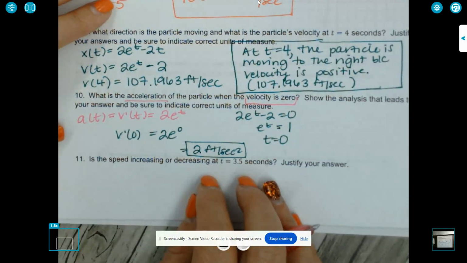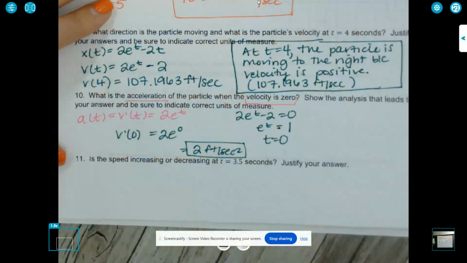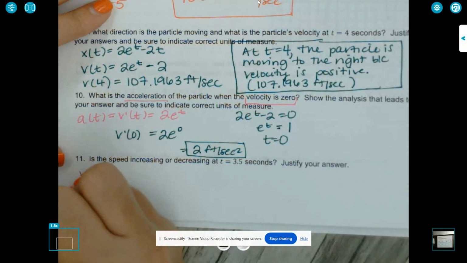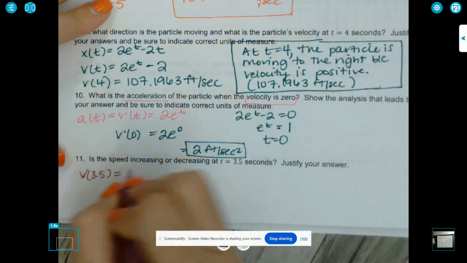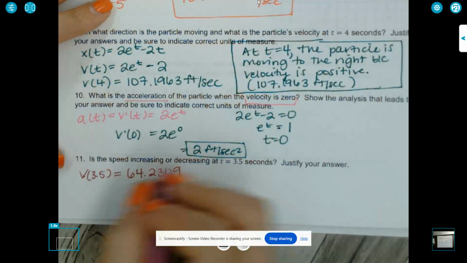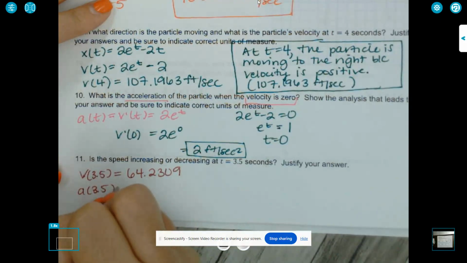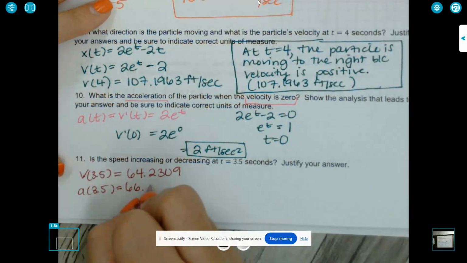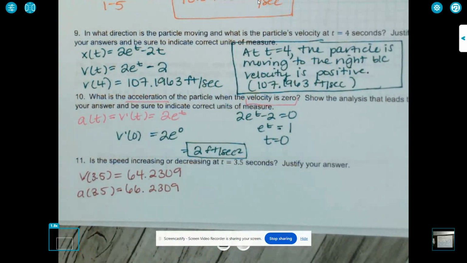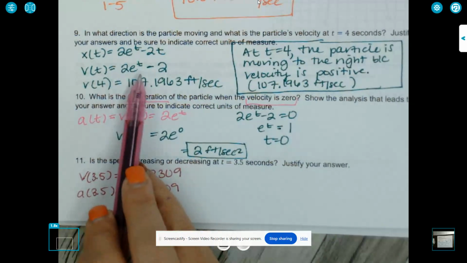All right, well, our velocity at 3.5 equaled 64.2309. And our acceleration at 3.5 equaled 66.2309. Okay, and I can calculate that if I needed to, going back and looking at my velocity equation was given to me right here.